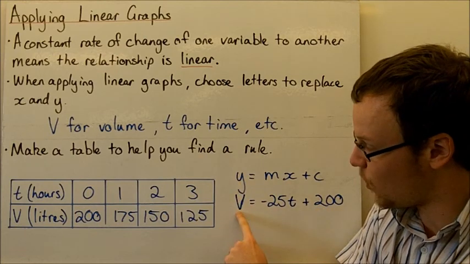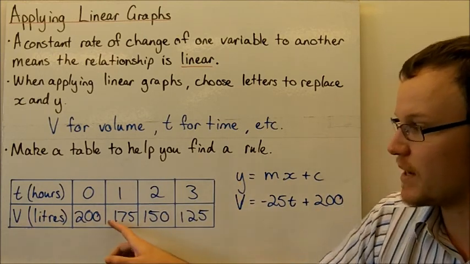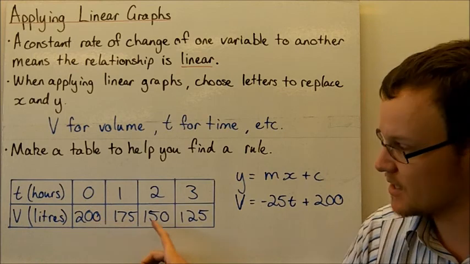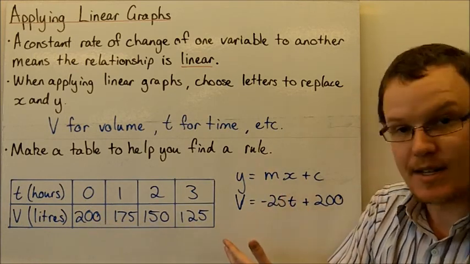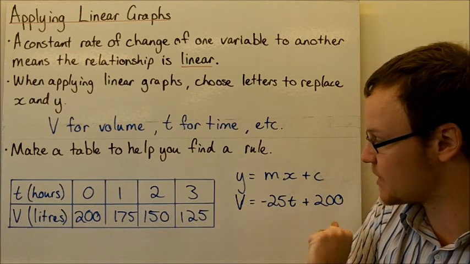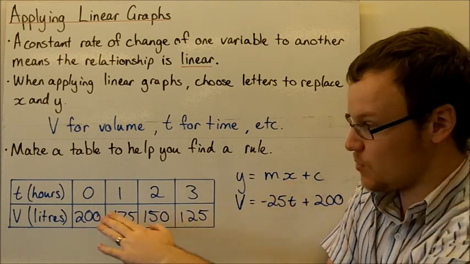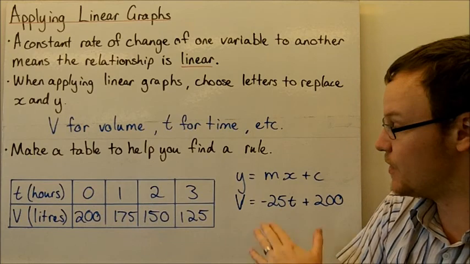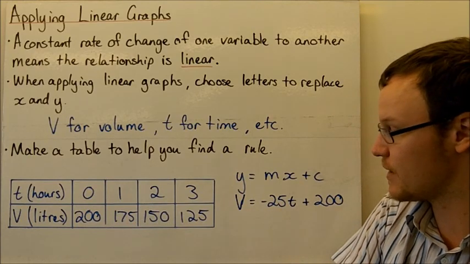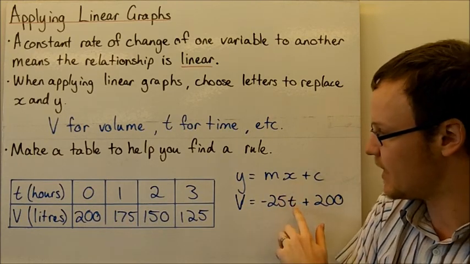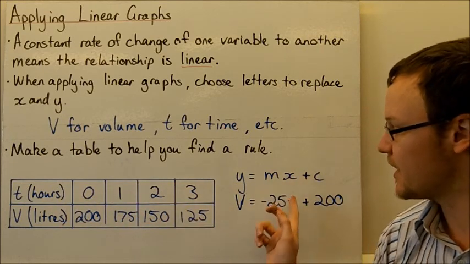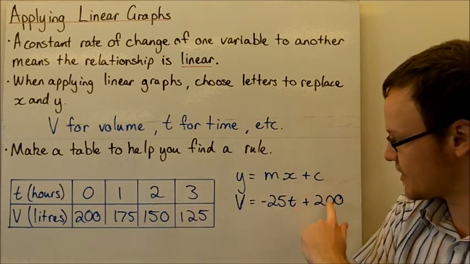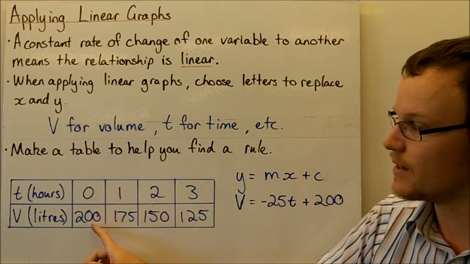We've replaced y with V, so these would be our y values on our y axis. m is negative 25 because we're reducing the value of V by 25 litres each time. Our x values are going to be t, so 0, 1, 2, 3, and our c is going to be 200.